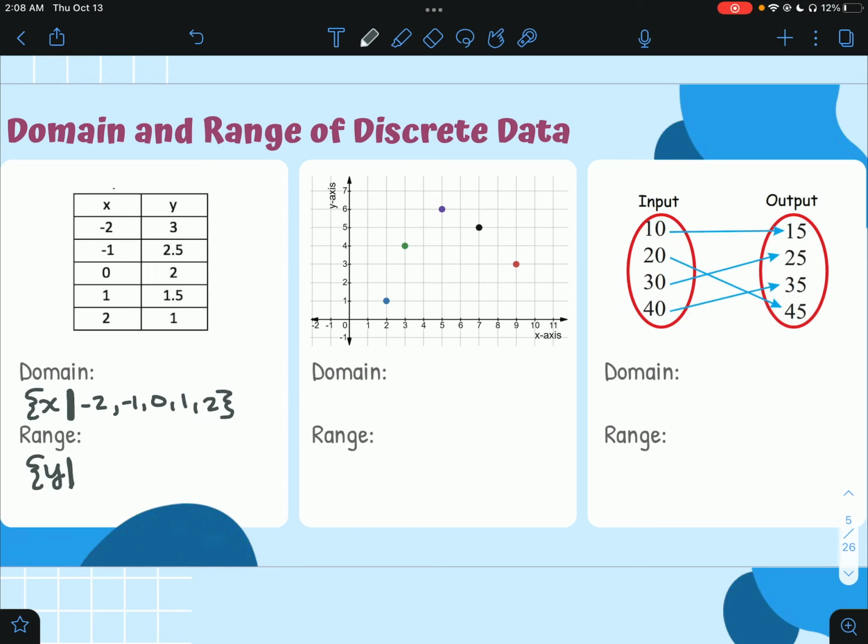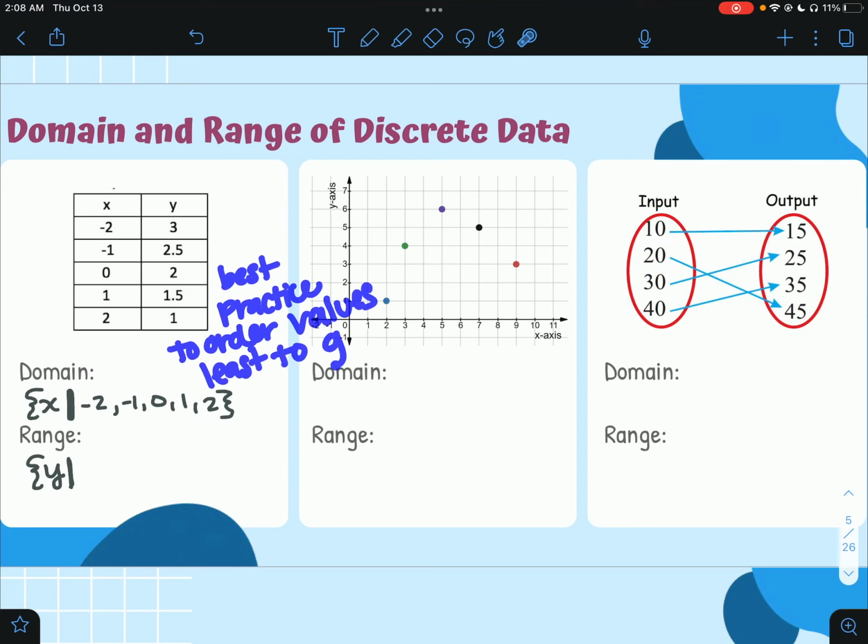Now, it is a best practice to order the values from least to greatest. It is not required, but typically you will see it given to you from least to greatest. So I'm going to do that here. I'm going to start off with the least value.